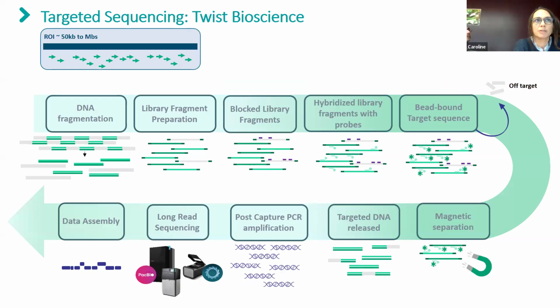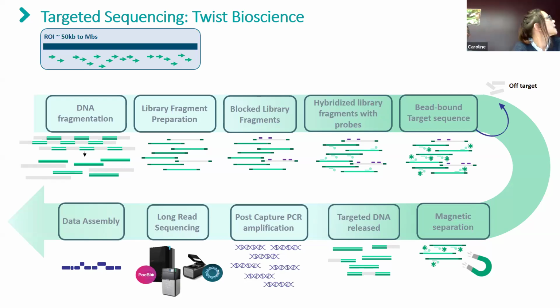So I will detail how the capture protocol works. And just before starting, we need to apply to the Twist bioinformatics team for a custom probe panel design specific to our target region. We also need, at this step, reference genomes to minimize off-target capture.